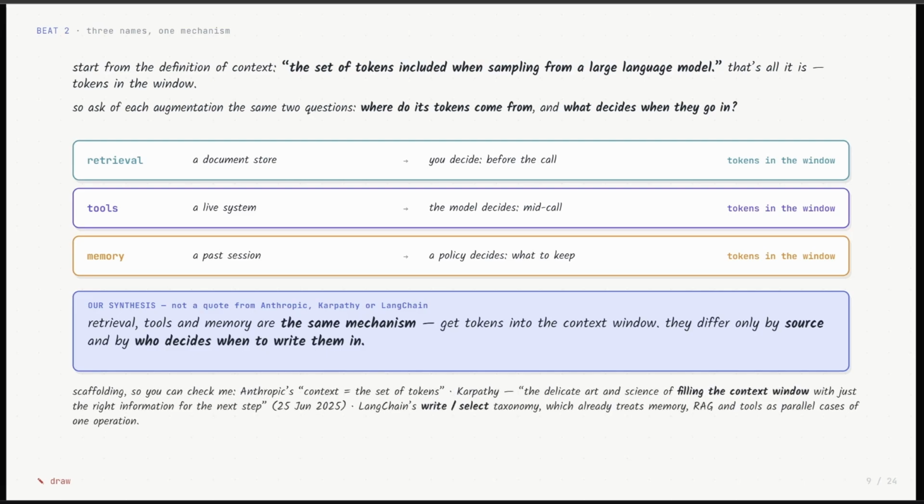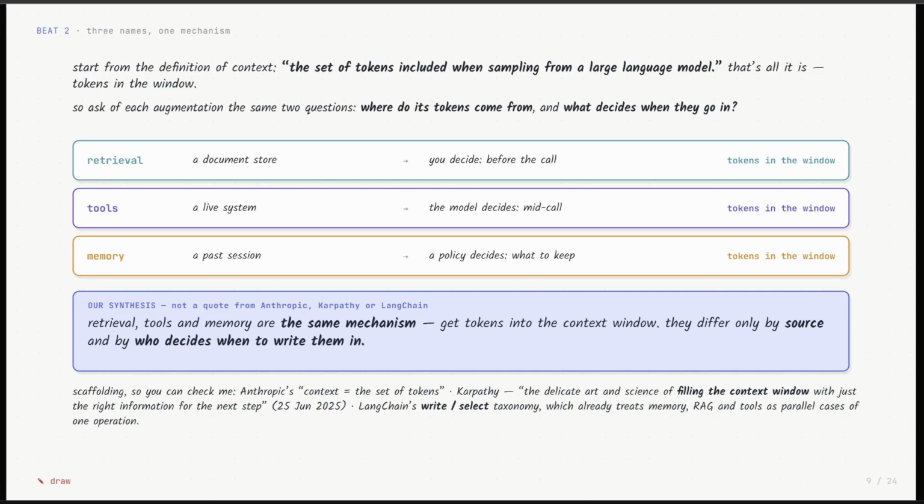So, and here is the scaffolding so you can check my work. Anthropic gives us context equals the set of tokens. Karpathy in June 2025, he said, context engineering is the delicate art and science of filling the context window with just the right information for the next step.